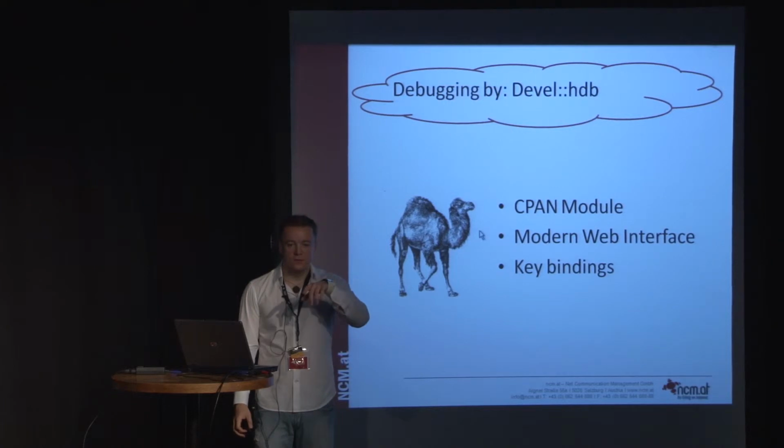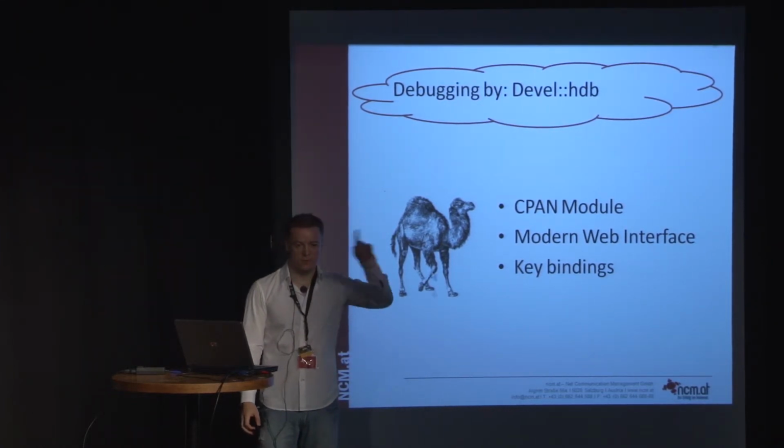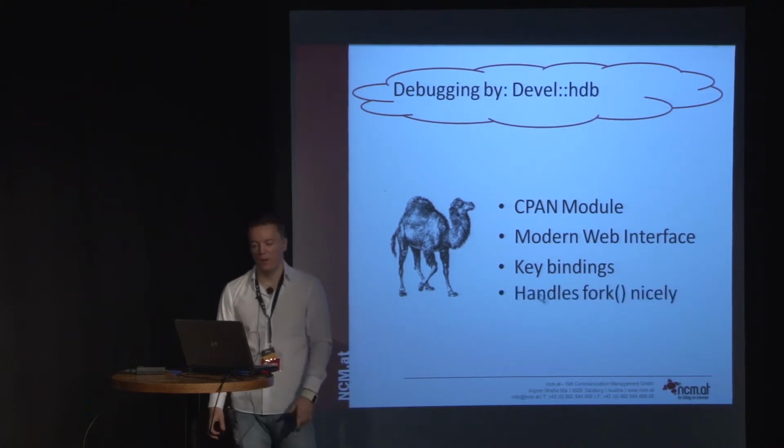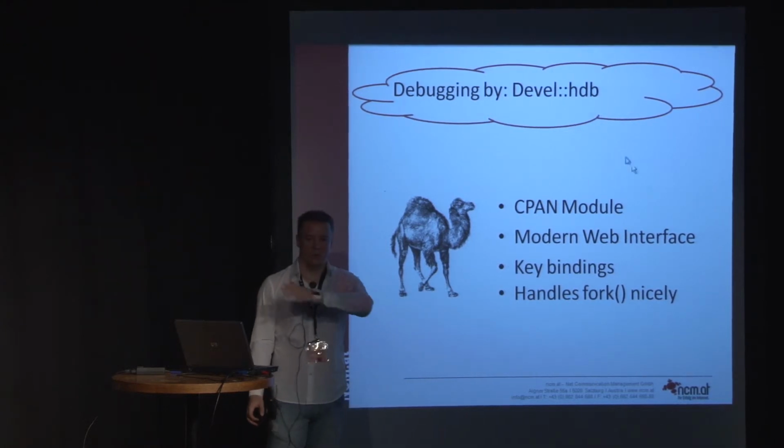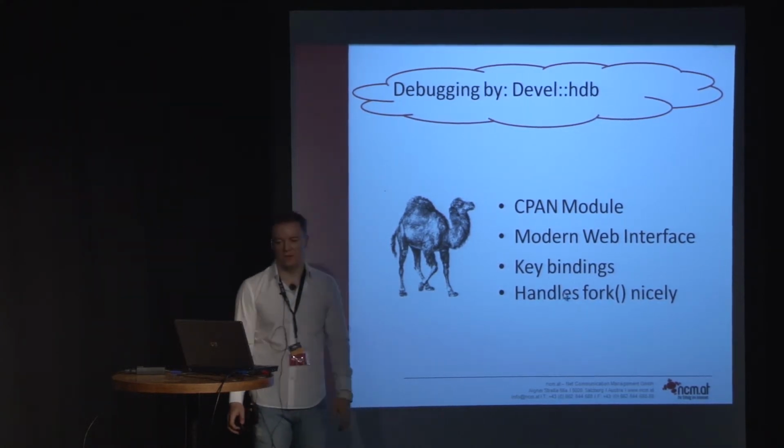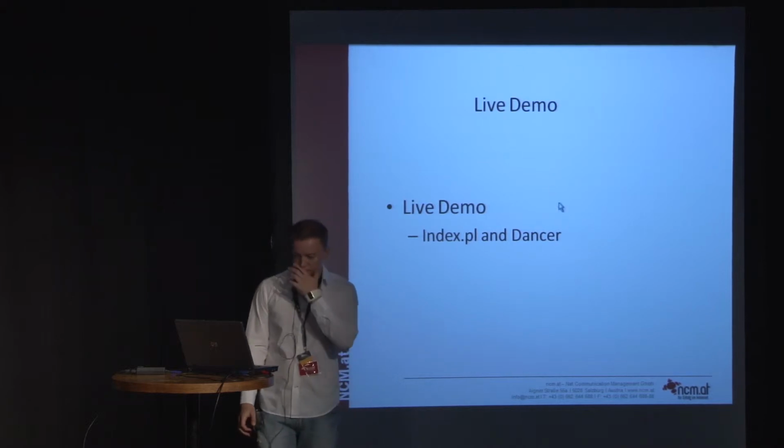You can even use your key bindings from the command line, so you don't have to press buttons all the time. And you can even handle fork, which means when you fork your process, it will ask you which way you want to go. So it's pretty neat.